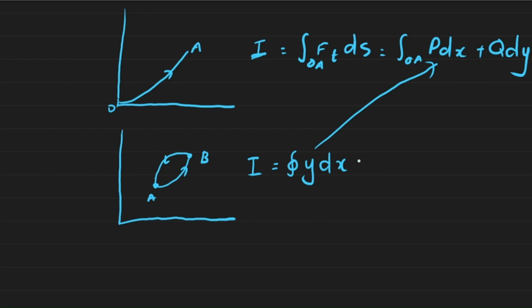So this would have to be firstly the line integral from a to b of y dx, then the line integral from b to a of y dx.